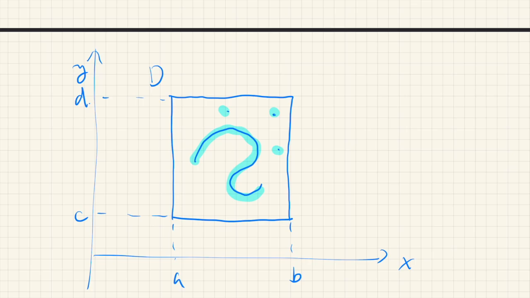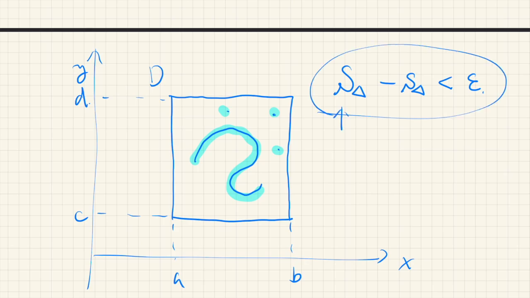So if we write S delta as the upper Riemann sum with partition delta, and lowercase s delta as the lower Riemann sum with partition delta, then this difference should be less than epsilon, where epsilon is any positive real number.